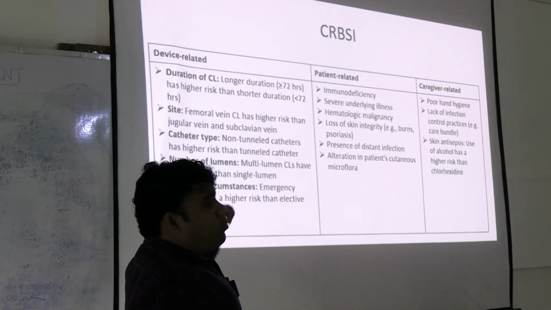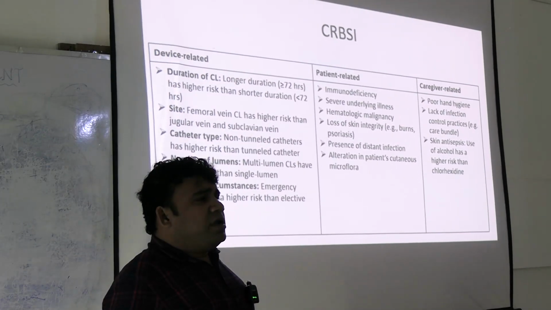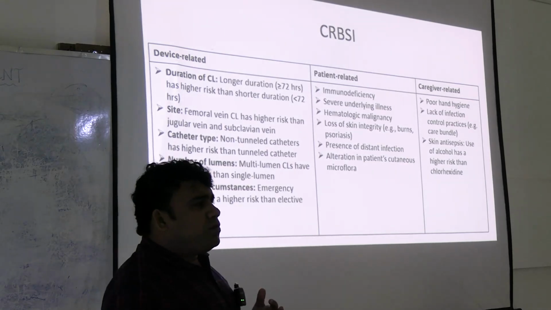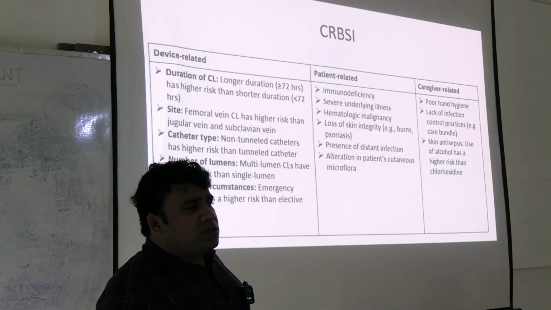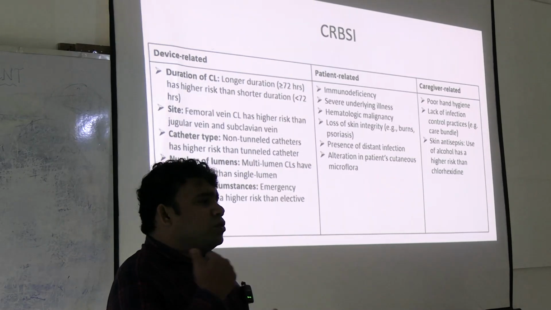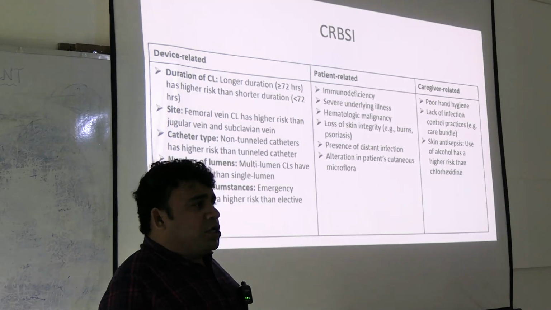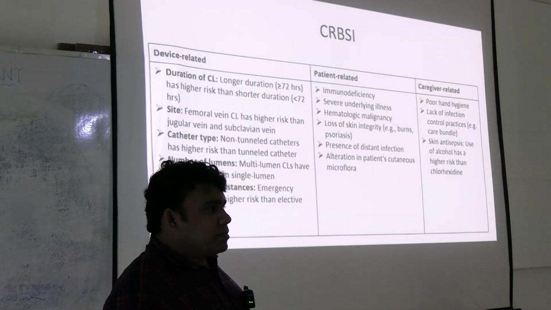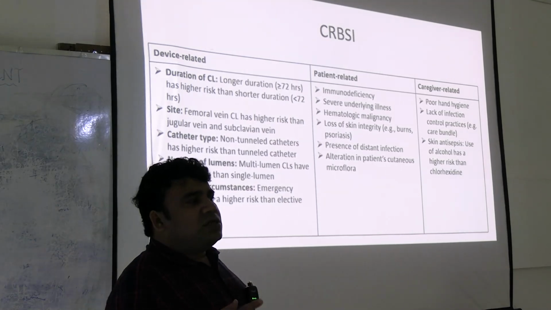Then the number of lumens. Why number of lumens? If you have seen the central line catheter, there can be 3 lumens. Every lumen is dedicated for some sort of medication: one for taking out blood samples for testing, one for a particular set of drugs, and one for say TPN. Now, whenever there are multiple ports, the handling of the catheter will be more messy. And if the number of ports is more, the chances of infection also increase.